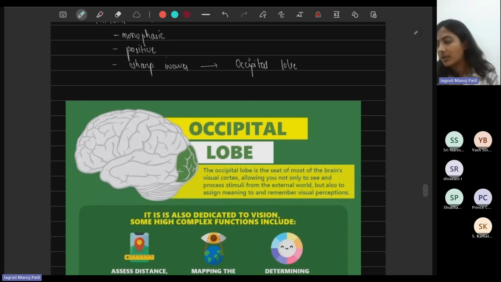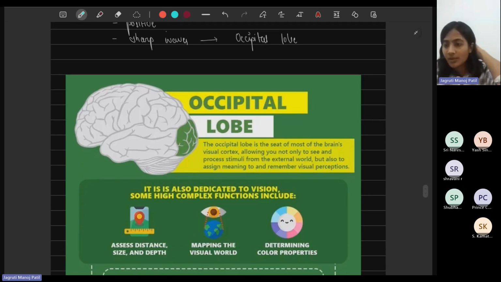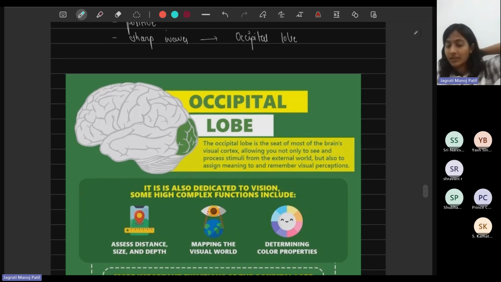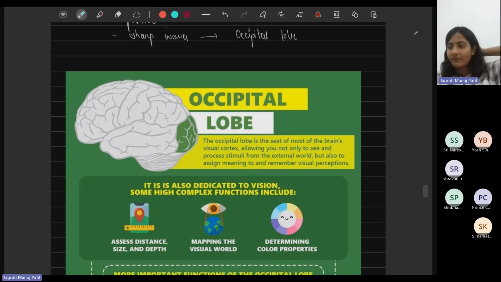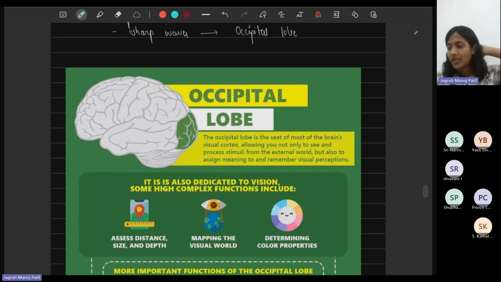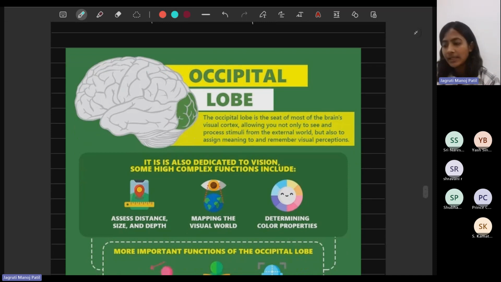Just for a quick revision, the occipital lobe is responsible for the visual cortex, because all of your visual connections go through here, to the optic nerves and fibers. It allows you not only to see but also to process information from the external world, to assign meaningful information, to remember these visual perceptions, and to make interpretations from them. So it's dedicated highly to vision, but some other complex functions are also there.